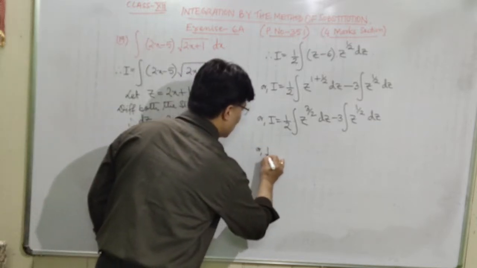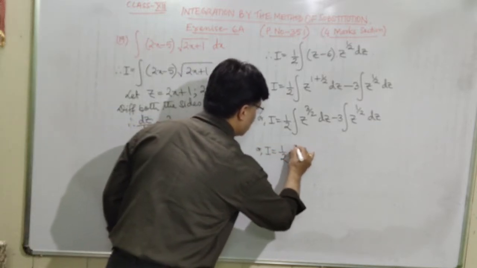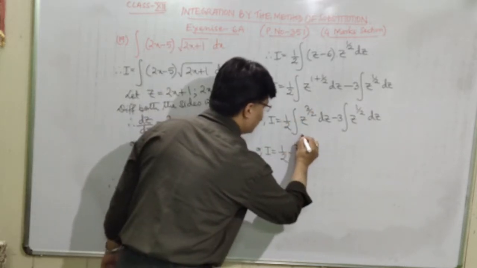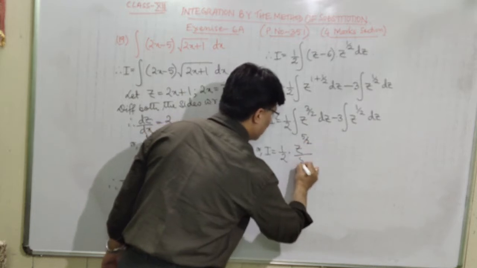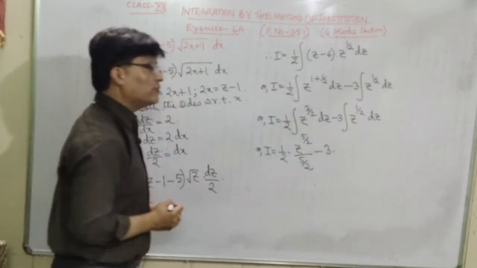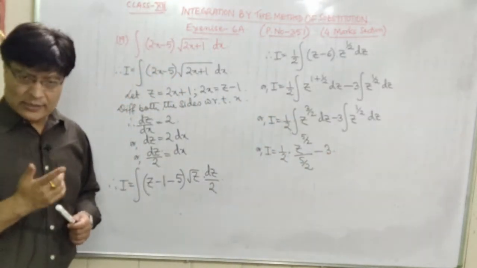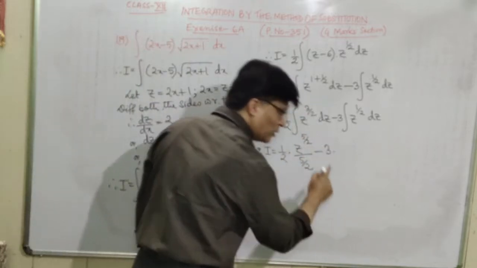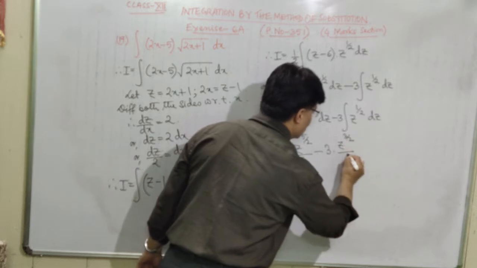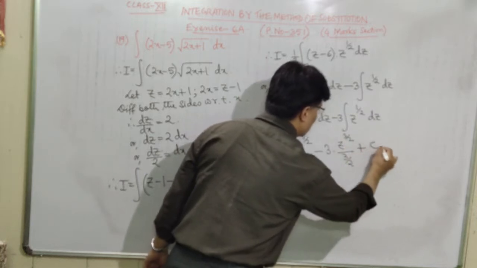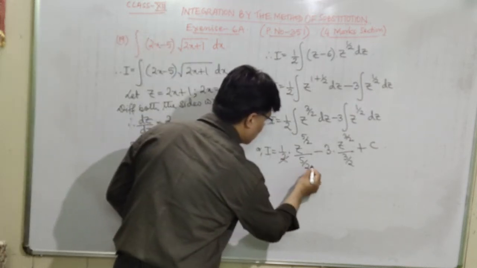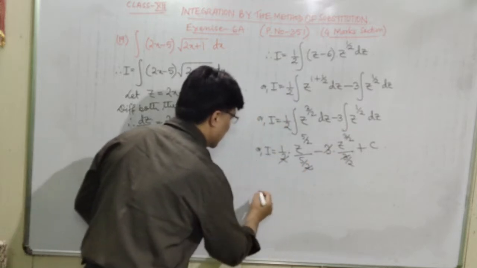So I is equal to half into z to the power, n plus 1 here being 3 by 2 plus 1, which is 5 by 2, divided by 5 by 2, minus 3 into the integration of z to the power half, which is z to the power half plus 1, that is 3 by 2, divided by 3 by 2, plus c. So we can cancel here: this 2 gets cancelled, and here this 3 gets cancelled.